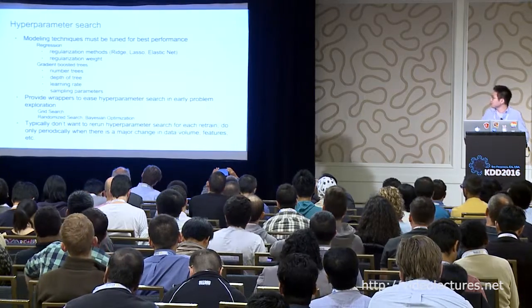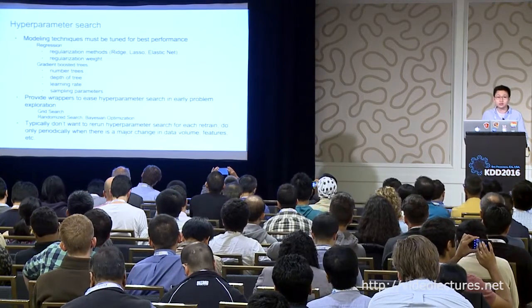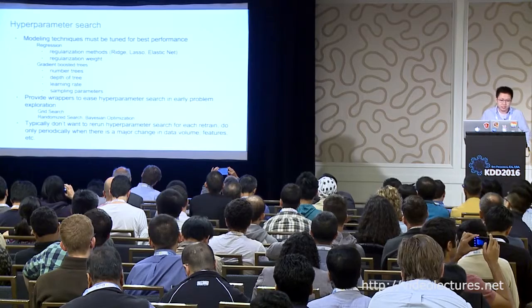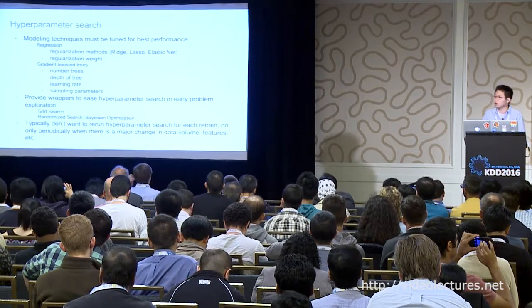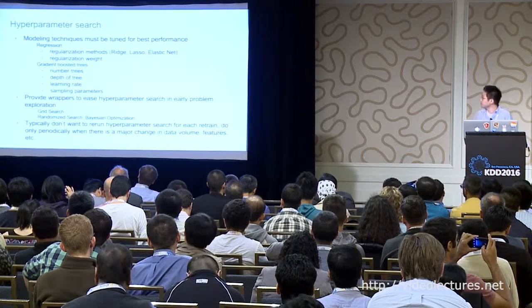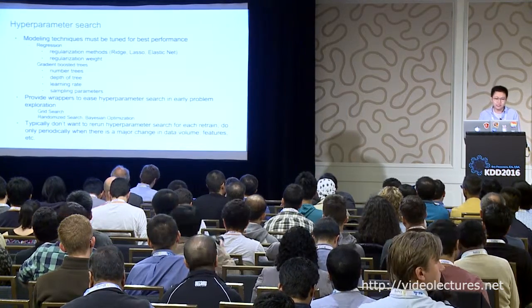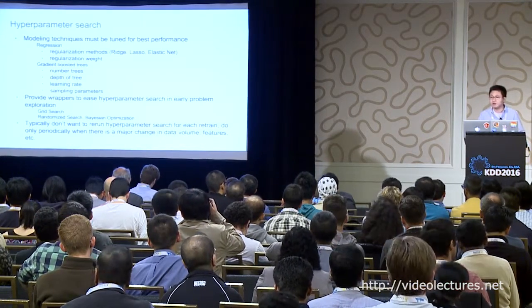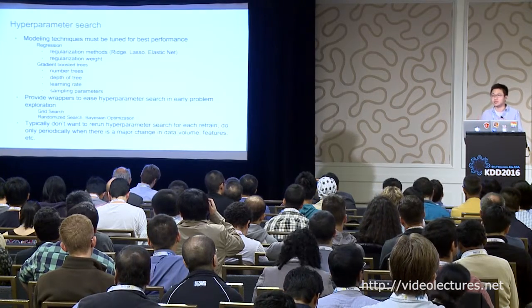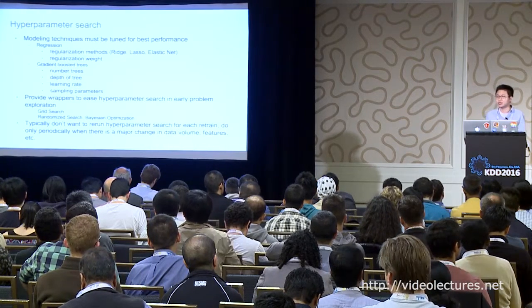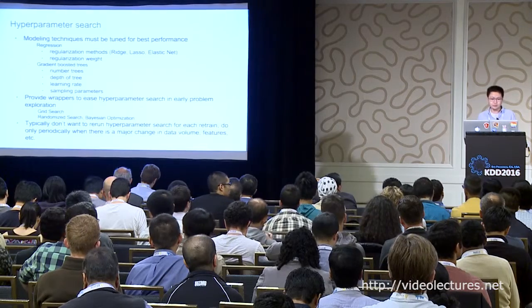For some of the models, there are even more parameters to be tuned. Take gradient boosted trees, for example. We need to choose the number of trees, depth of trees, learning rates, and sampling parameters. For example, how many samples and how many features you want to select to build each of the small trees.